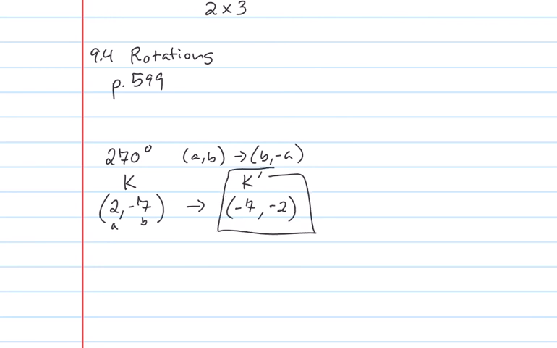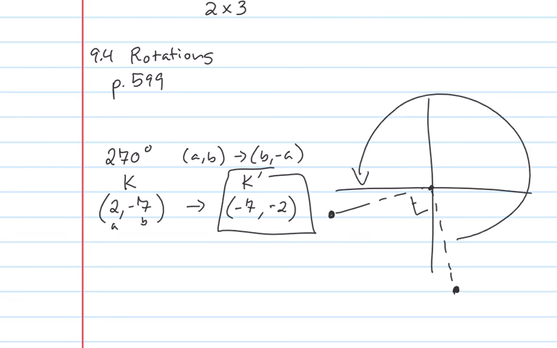And if you were to graph these for the record, a 270 degree rotation, if I have 2, -7, it's going to be all the way down here versus -7, -2, that's going to be over here. And if I draw some lines connecting them to the origin, you would see that this should be about 90 degrees, which would make sense since I moved it 270 degrees.